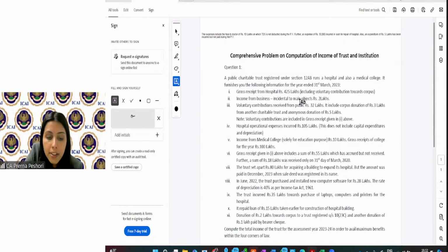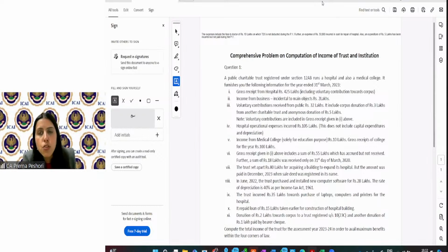But if you look at the combined receipt, that exceeds rupees 5 crores. So now whether you will consider the income from medical college as exempt or not. What do you think? Income from medical college, whether this is exempt or not exempt.